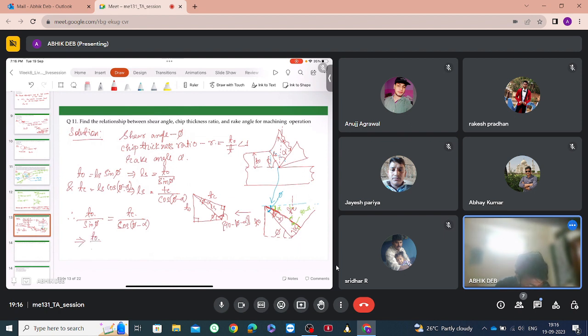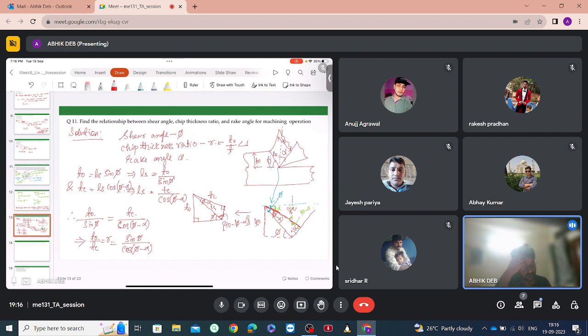So T naught by TC is equal to sine phi by cos of phi minus alpha. So T naught by TC is equal to r. So this is the relationship between the chip thickness ratio, the shear angle, and the rake angle.